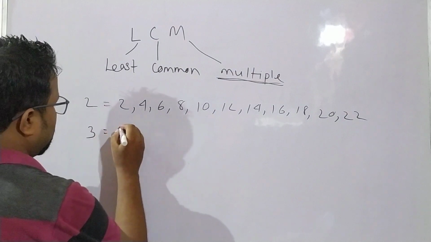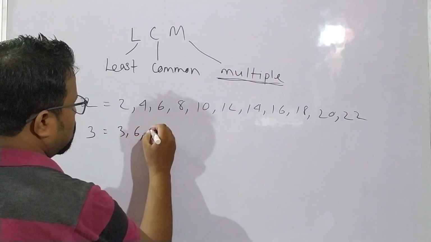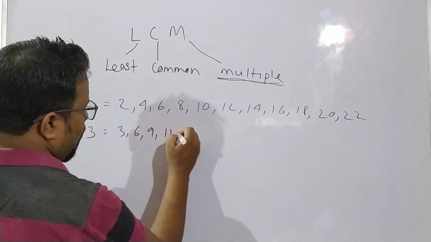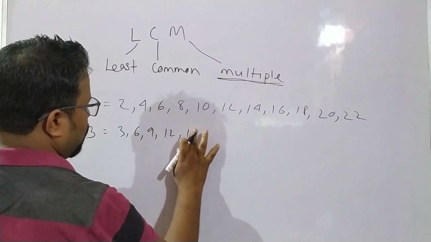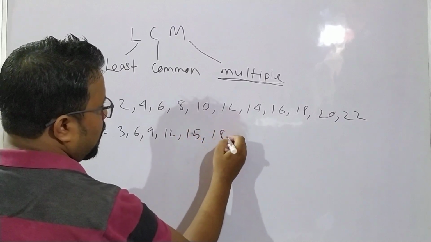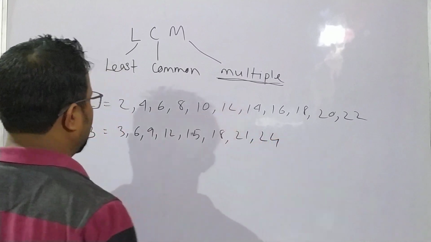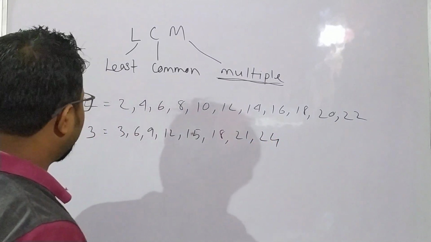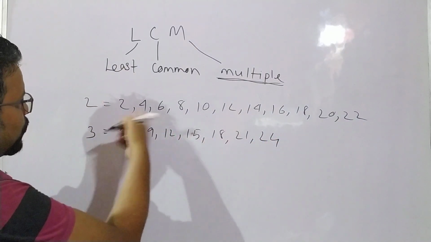Then 3: 3, 6, 9, 12, 15, 18, 21, 24. So these are the multiples of 2 and 3.